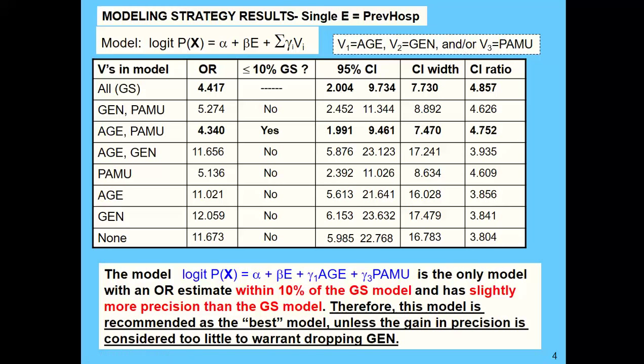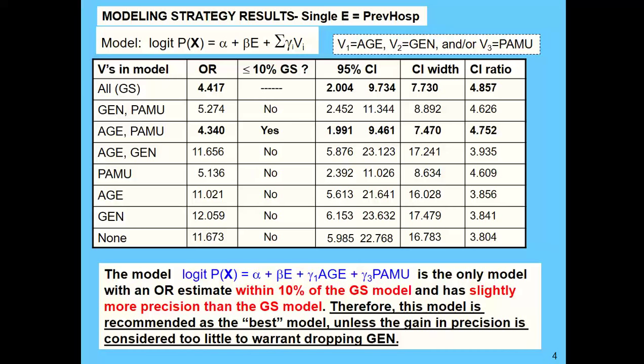And then I showed you how you could find the best model by what you then have to do, which is assess confounding and also consider precision in deciding whether you can drop one or more of these 3 variables: age, gender, or PAMU.